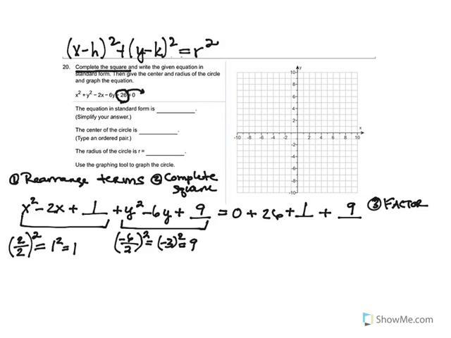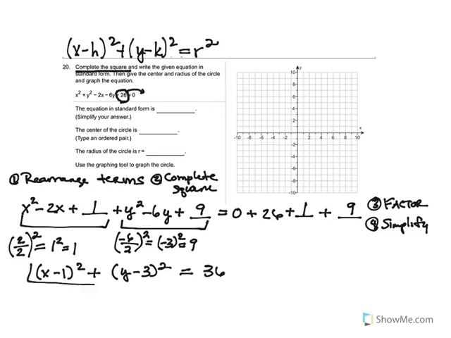Underneath here, this trinomial factors into x minus 1 squared plus y minus 3 squared. So I factored each trinomial. And then on the other side, we are going to simplify. So 0 plus 26 plus 1 plus 9. When we do that, we would get 36.